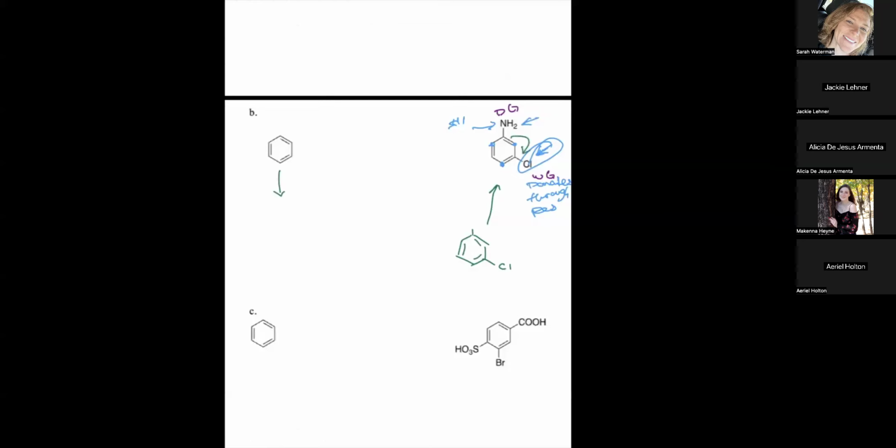So this is a meta position. Here's a hint: this is a meta position and this is a donating group. A donating group is not going to put this chlorine on in a meta position, which means that at some point this had to have been a withdrawing group. So not only do we not have a way to just add an amine, but we also really need a withdrawing group. So what is the alternative withdrawing group to an amine?